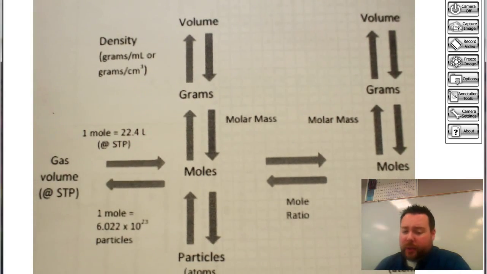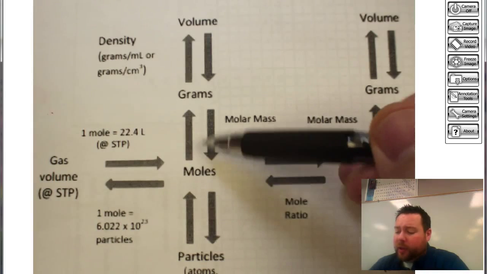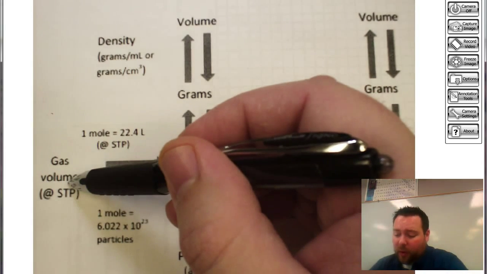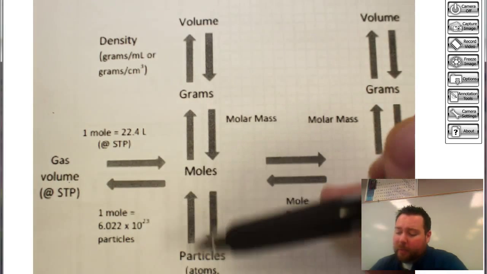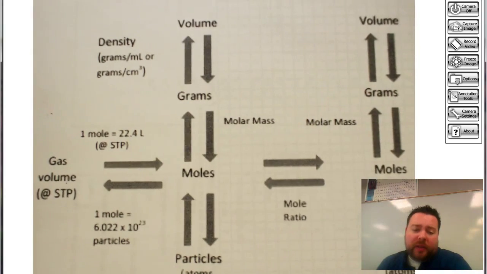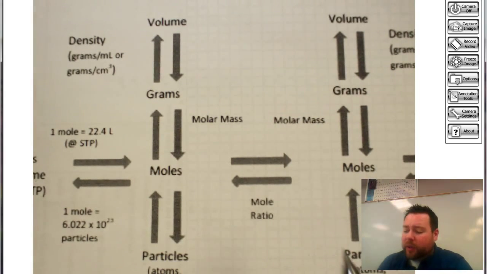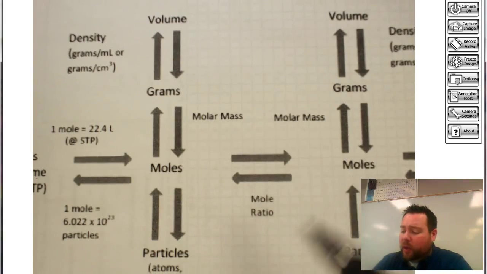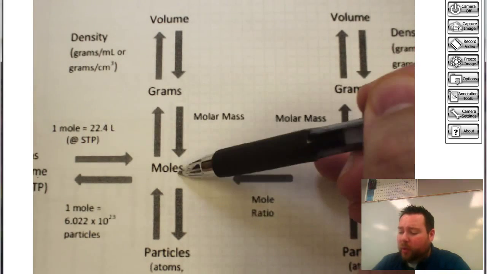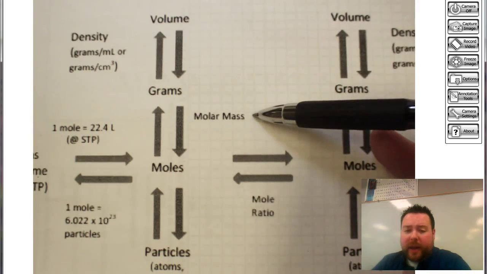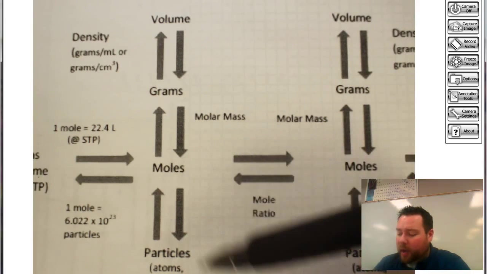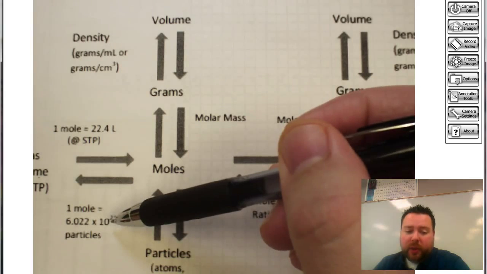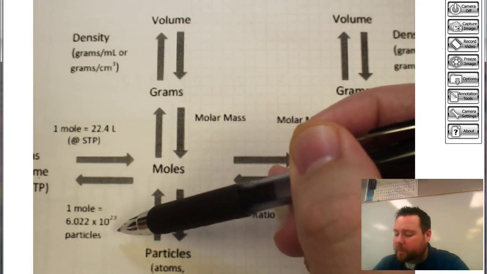Last week we were talking about converting between grams and moles, moles and liters, so volume of a gas, moles and particles. Today we're essentially doing the same thing, except we're changing what we're trying to convert between. So it's moles to moles. When we were converting between grams and moles, we were using molar mass. When we were converting between moles and particles, we're using Avogadro's number, 6.022 times 10 to the 23rd.